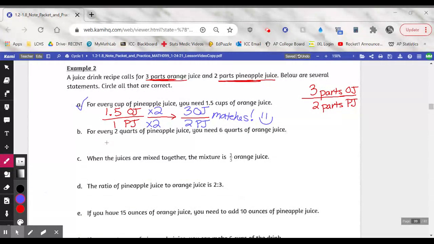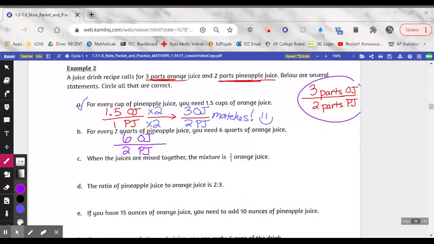For B, it says for every 2 cups of pineapple juice, you need 6 quarts of orange juice. All right, so let's rewrite this one. Let's keep the order the same as how we originally have our recipe. So I'm going to put the 2 of pineapple juice on the bottom, and I'm going to put 6 of the orange juice on top.